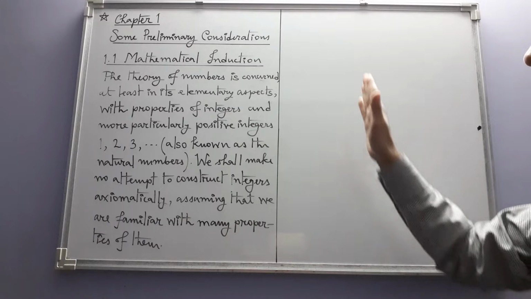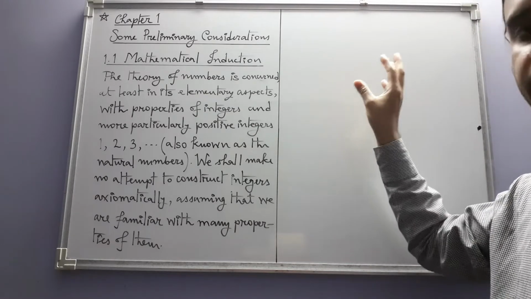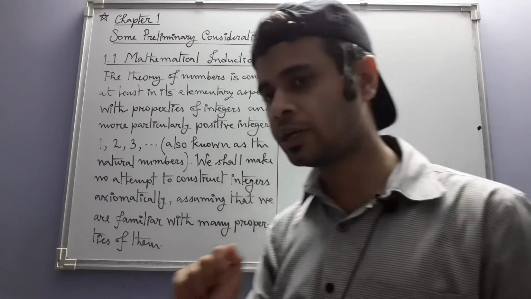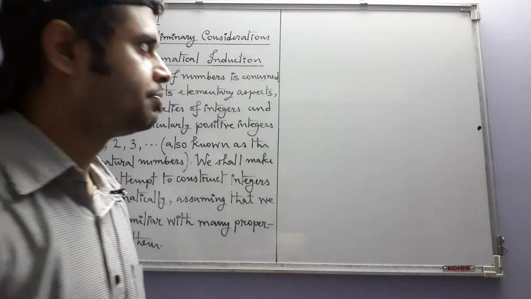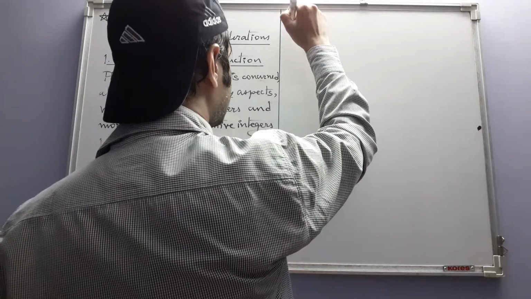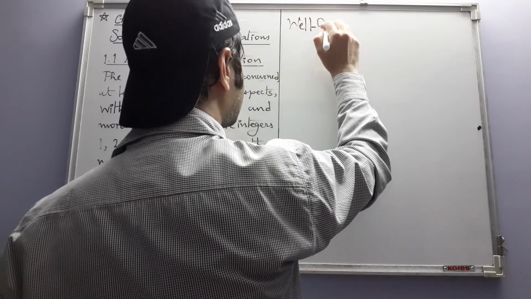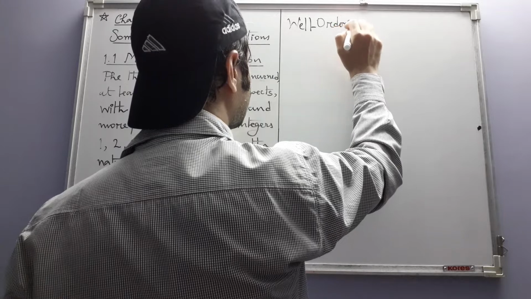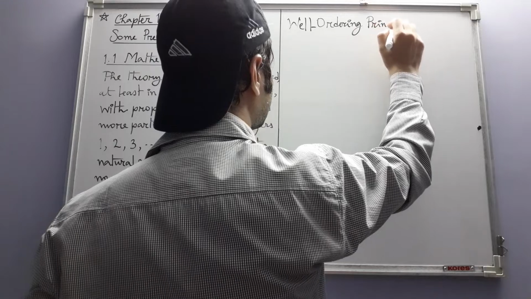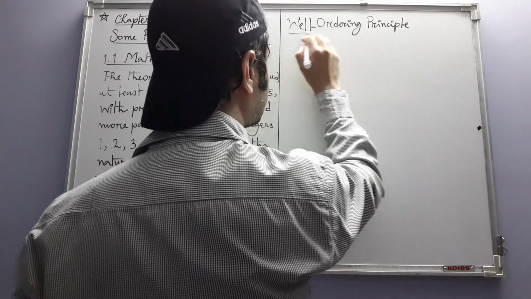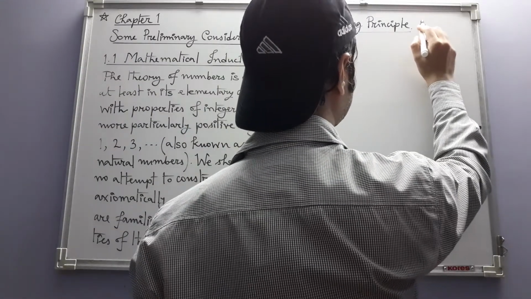Now next we are going to state one very important property from where things will start, and this one has a name. It's called the well-ordering principle. Let me state the principle first, and then we will discuss.